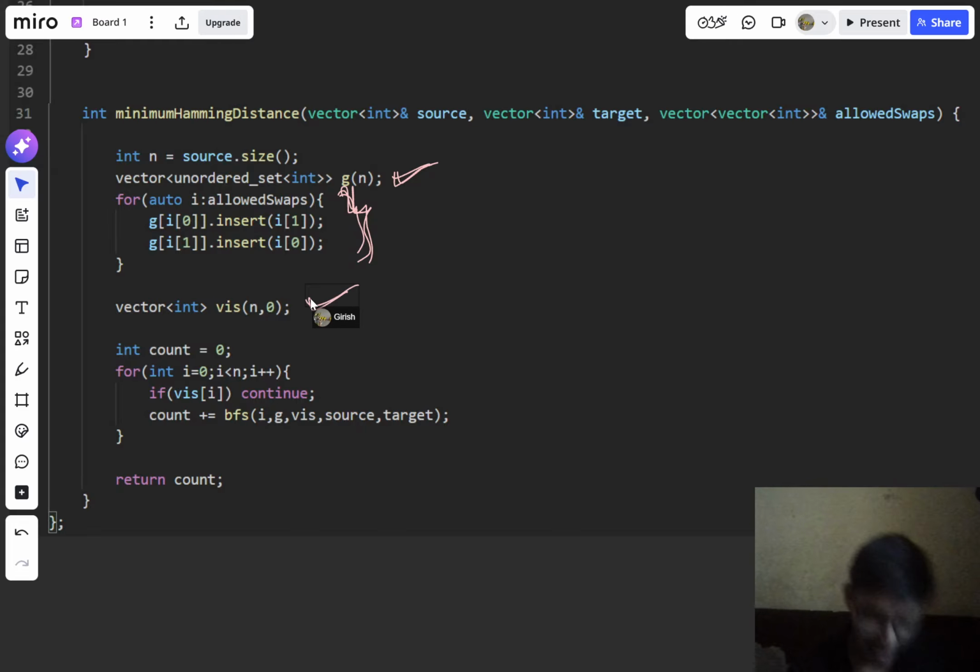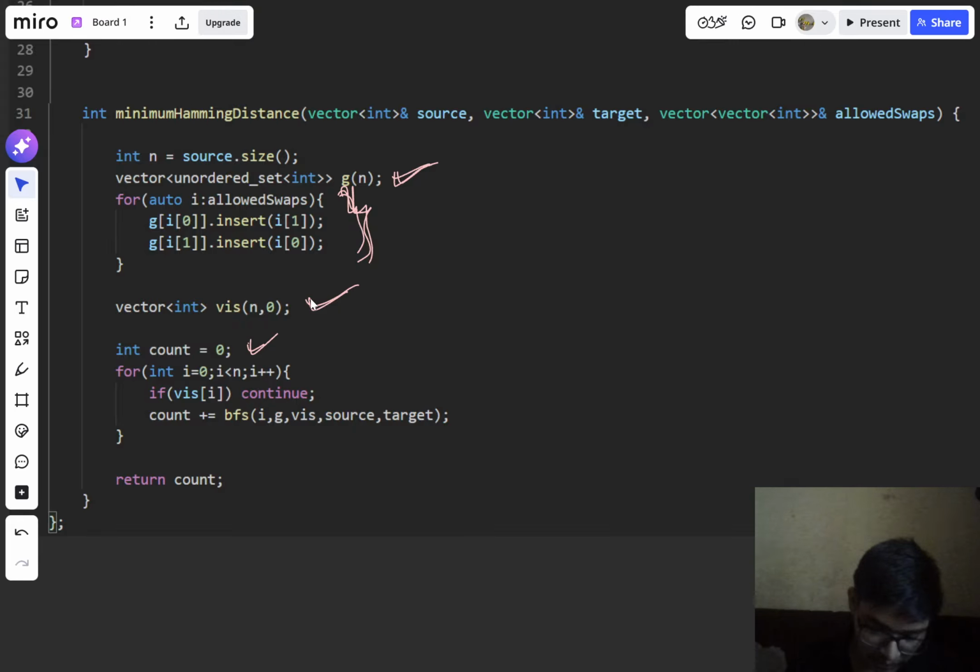Then we mention a visited array, which tracks which of the indices have been visited till now. Just as we discussed with the green and red graph, after visiting them we will not visit them again. Now the count stores the answer, the Hamming distance which we are getting.